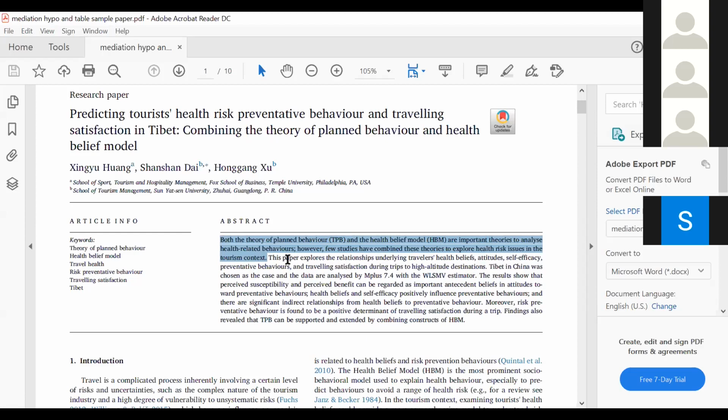Okay, let me go to the second line, this line. This paper explores the relationship underlying travel's health behavior, and so on. This chapter is my review of literature because this line is telling me the variables that I have studied. So, health belief, attitude, self-efficacy, preventive behavior, traveling satisfaction at high altitude destinations.